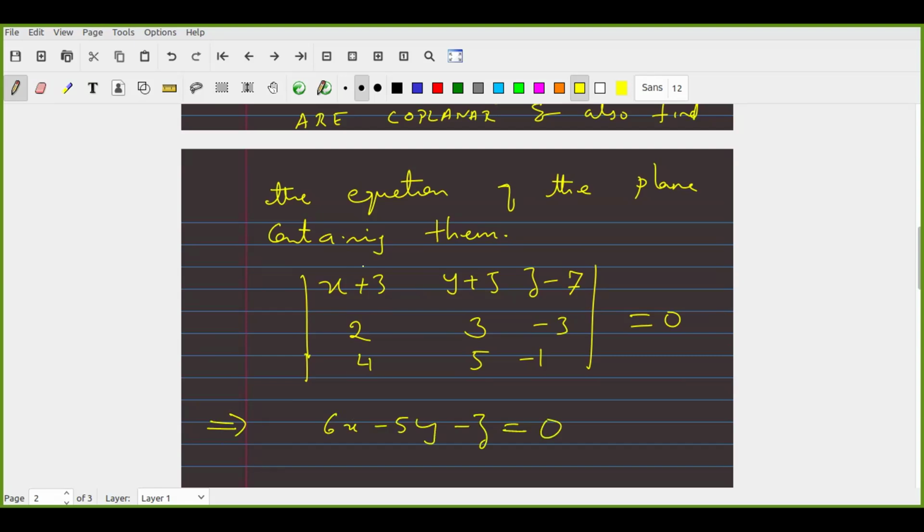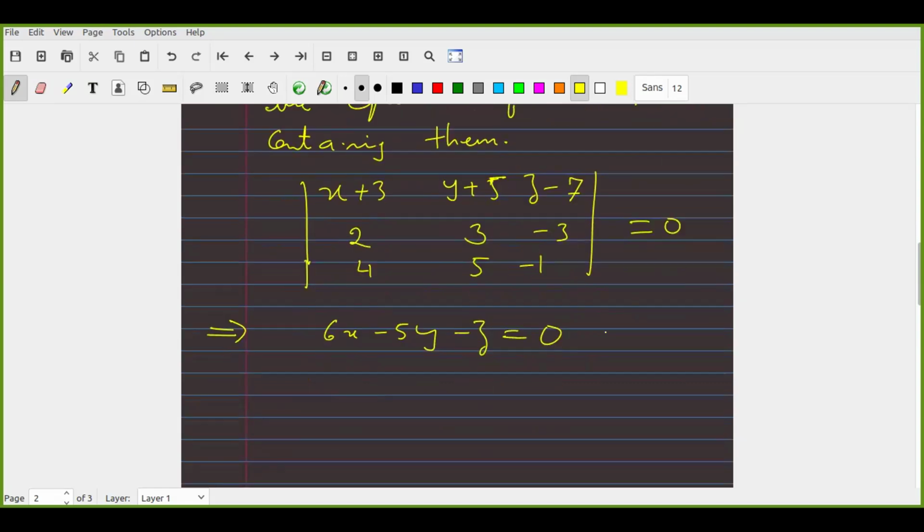You can check it out. (x plus 3) times (minus 3 plus 15), minus (y plus 5) times (minus 2 plus 12), plus (z minus 7) times (10 minus 12) equal to 0. If you simplify it, it turns out to be this. Let us give a name to this equation, A.